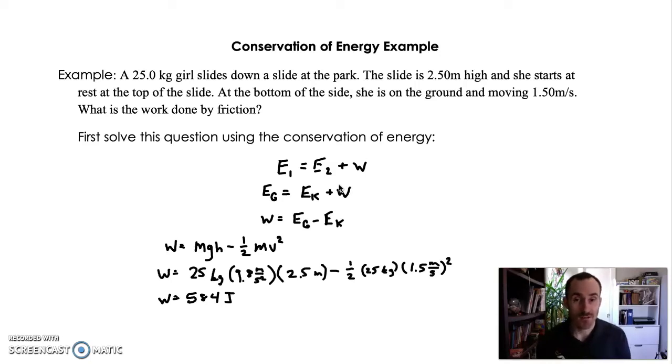We lost 584 joules of energy along the way. The gravitational potential energy at the beginning was greater than the kinetic energy at the end, and so that 584 joules that was there at the beginning, that wasn't there at the end, means it was lost. So our final answer here is work equals negative 584 joules.